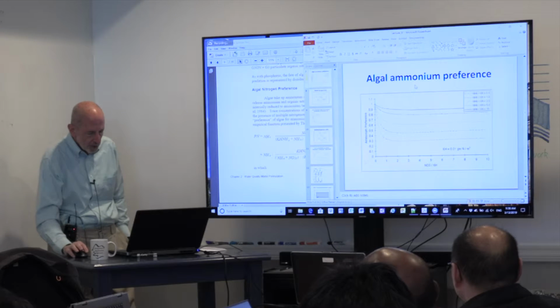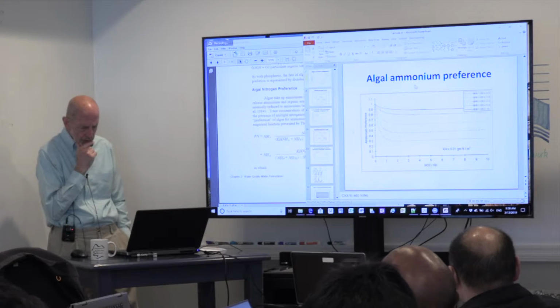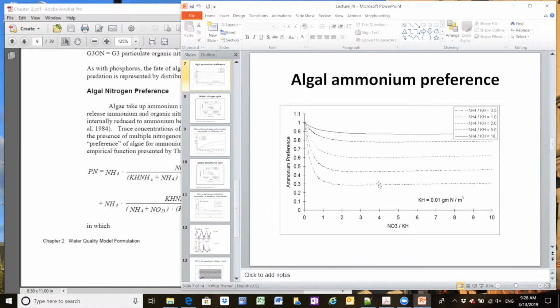If you look at that function, two things influence the preference. One is the amount of nitrate relative to that KH, shown on this axis. The other is the amount of ammonium relative to KH, shown by these different lines.